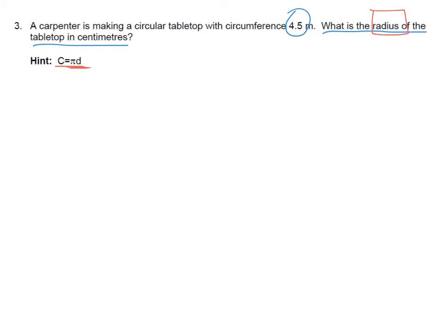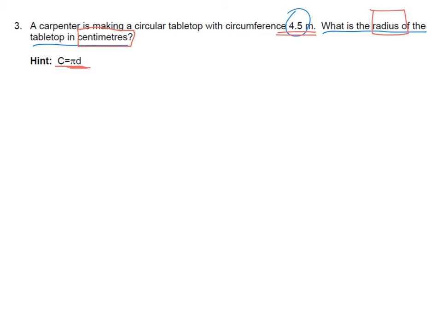Then the other key thing here is to look at the fact that it's asking you for centimeters. And that's key because the circumference is given to you in meters. So one thing you could do from the beginning when solving this question is convert the meters into centimeters.